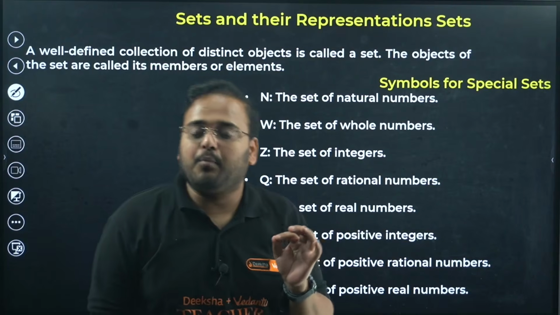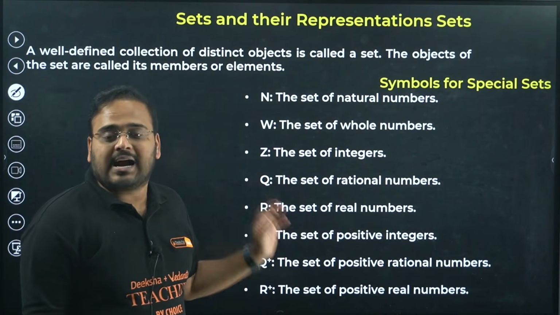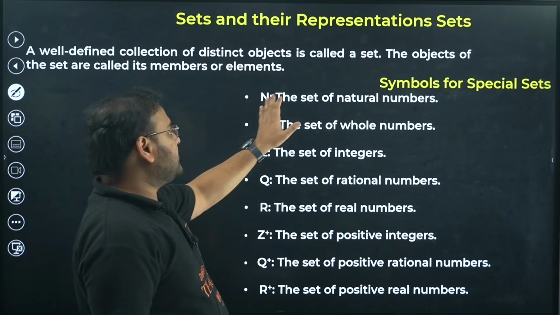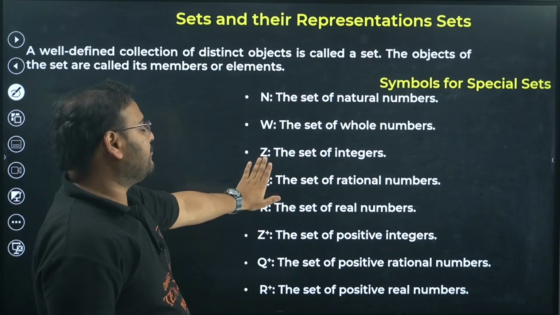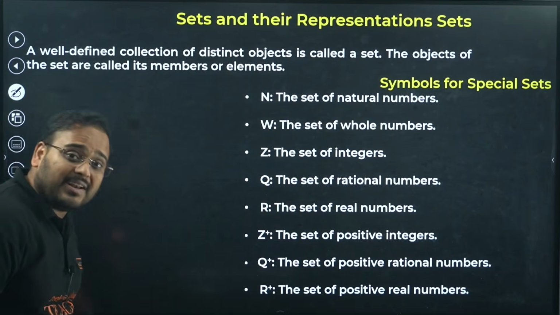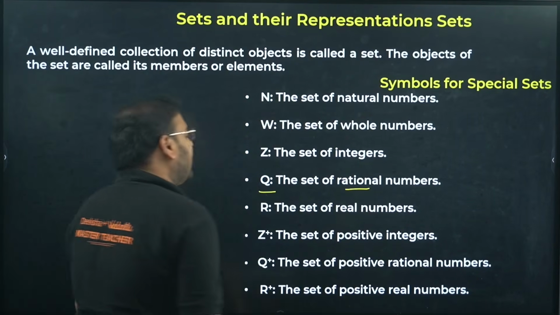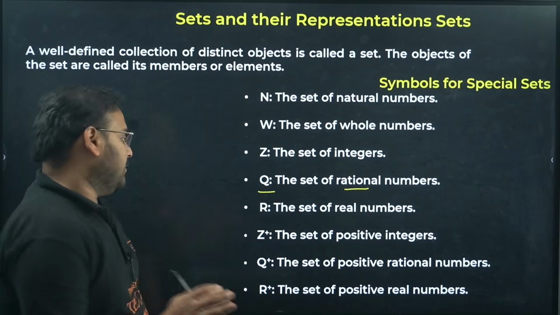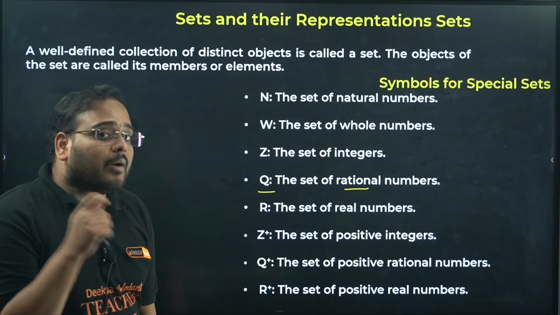First, definitions, and it is very important to know all the notations for all these standard sets that we have. N represents the natural number set. Next we have W for whole numbers, Z for integers, Q for rational numbers, and R for the set of real numbers. Z plus represents only positive integers. Will 0 come over here?